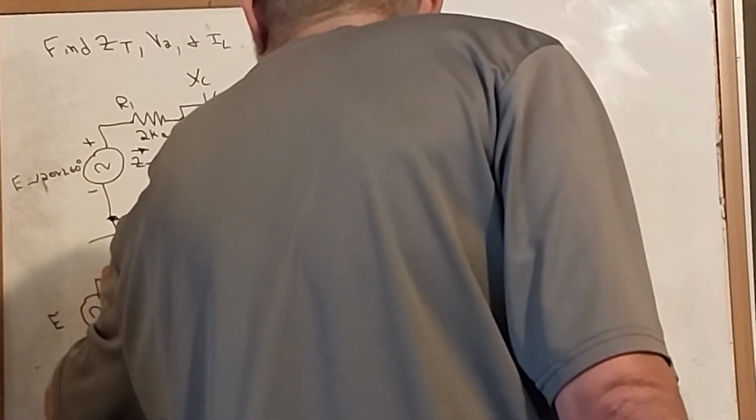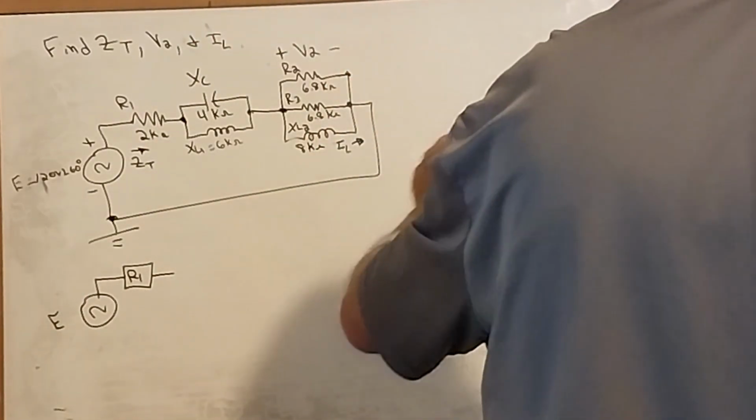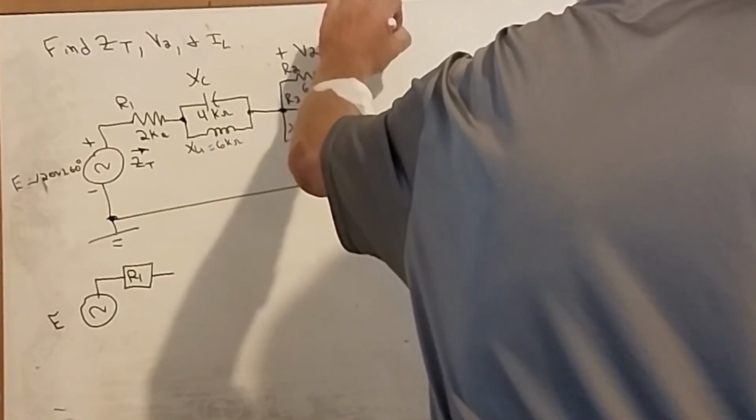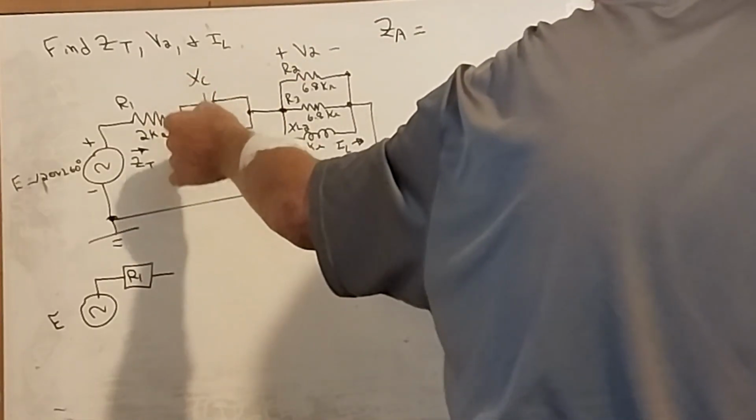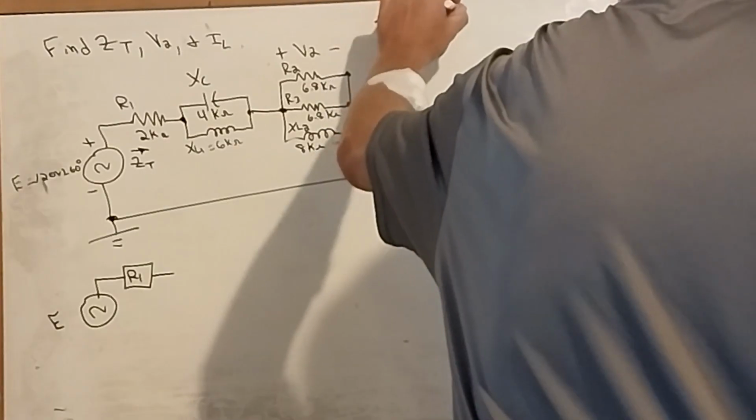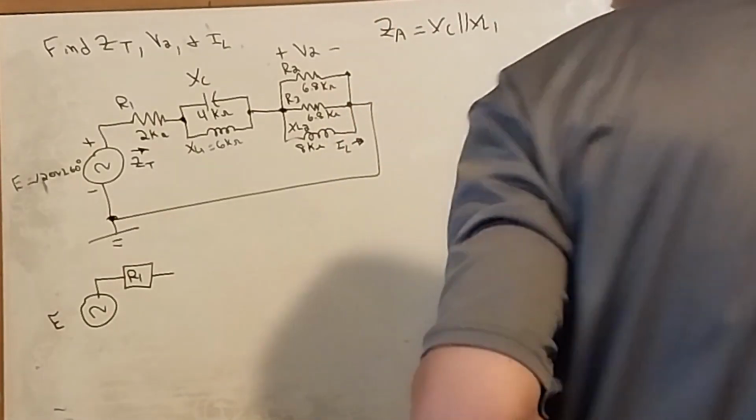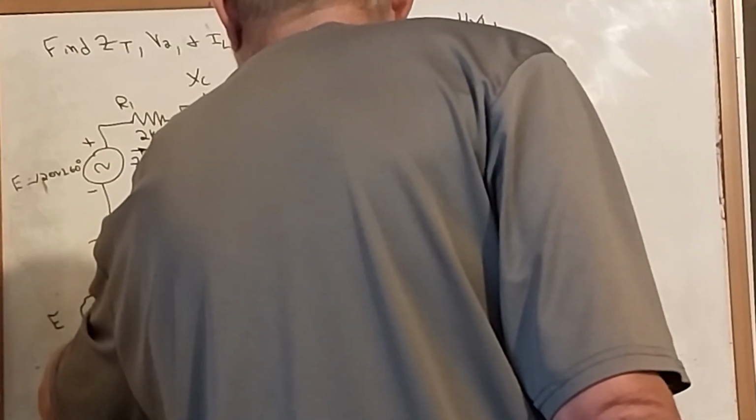R1, let's say up here, Z sub A is equal to X of C in parallel with X of L1. Okay, so that means we have Z sub A here.